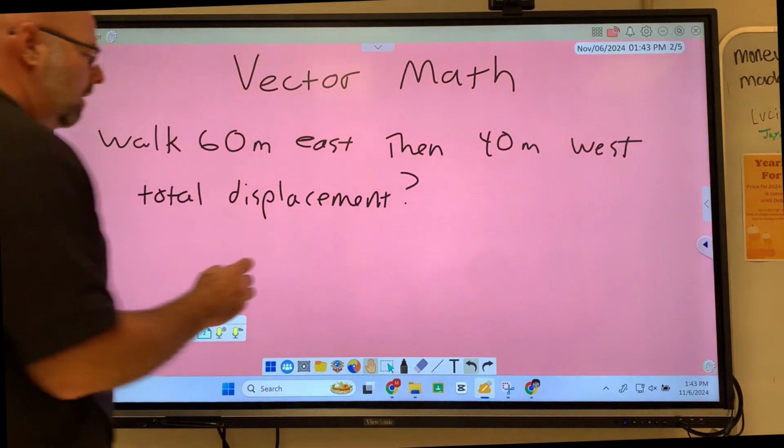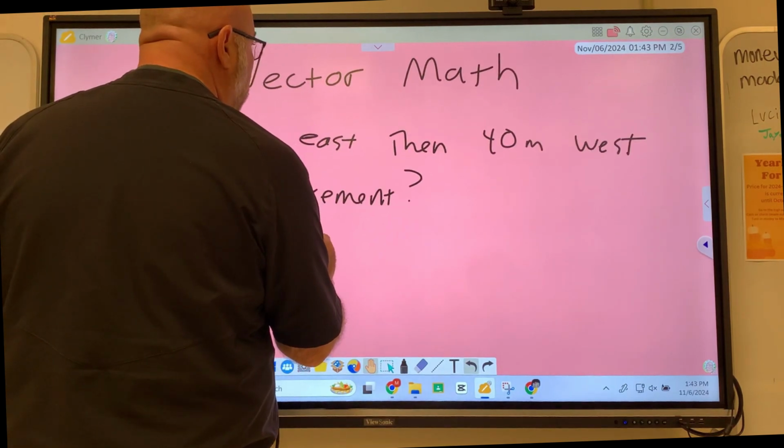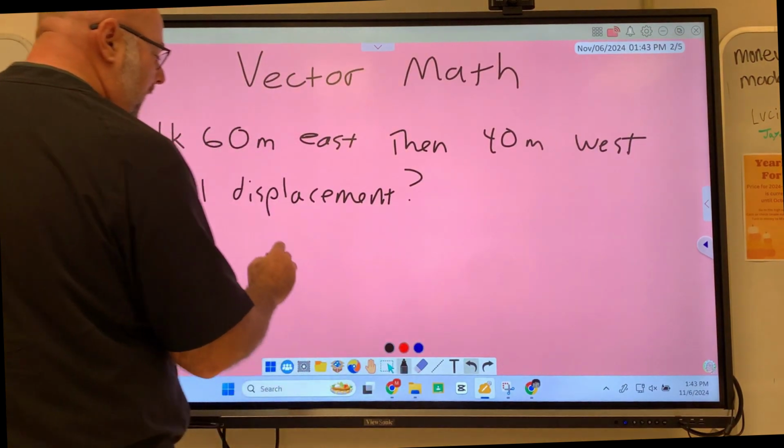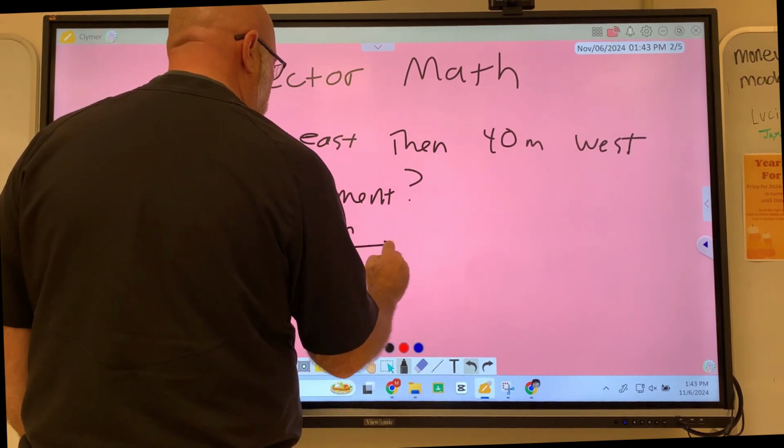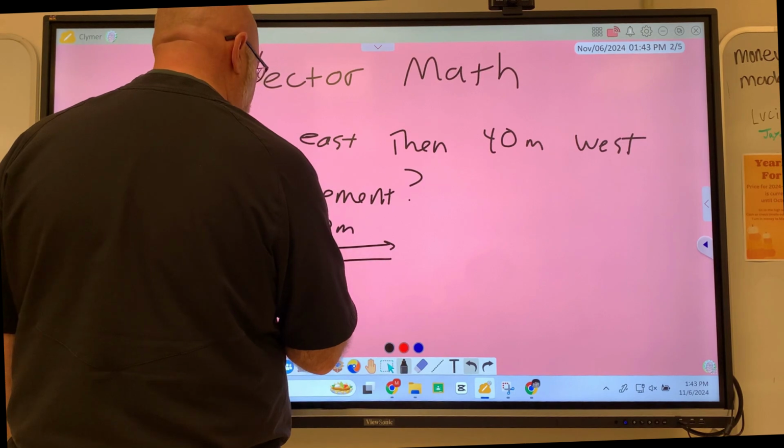Good. So the way we do this, you can do this just with simple math and use plus and minus, right? We walk 60 meters east, and then we turn around and walk 40 meters back the other way.